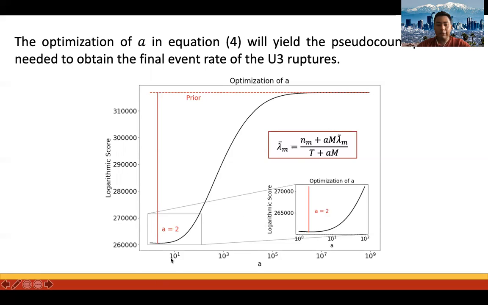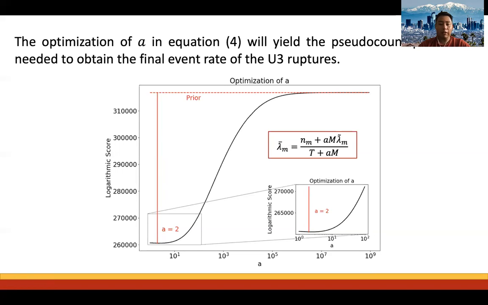We observe that we have really small values of A and really large values of A. If we have really large values of A, the logarithmic score is going to approach the prior logarithmic score, which is telling us that if A is large, the prior and the posterior are identical or almost identical. And if we zoom in on this region of the plot, we end up with a value of 2 for the optimal value of the pseudo count.